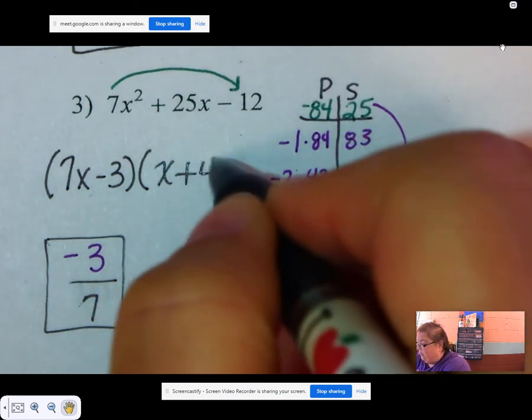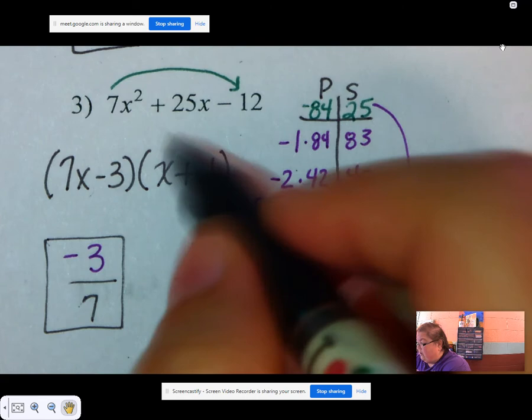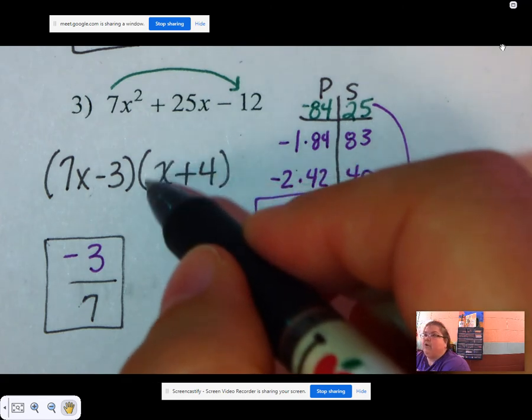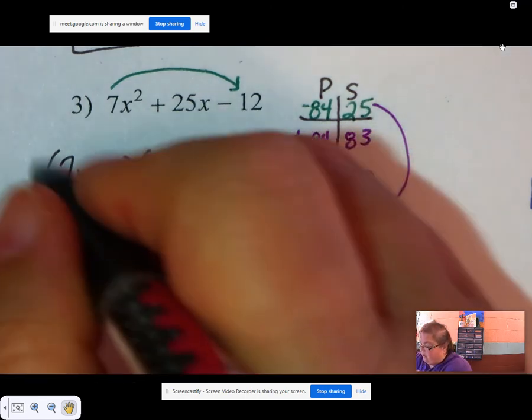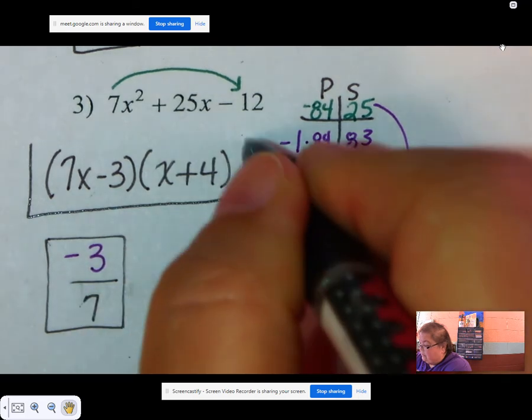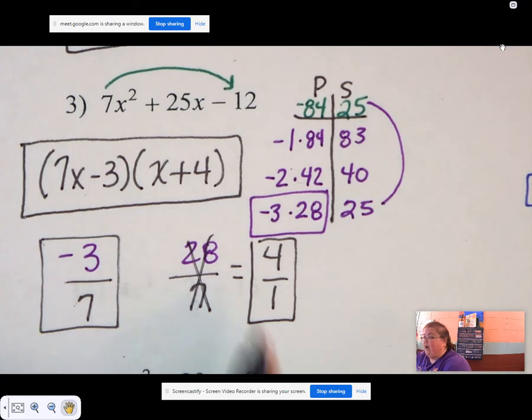X plus 4. Because I know this is a 1, and we don't put 1s in front of variables. I want you to put the 1 underneath it so you don't get confused about where that 4 is supposed to go. Questions? Okay.